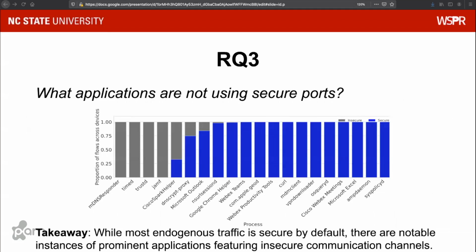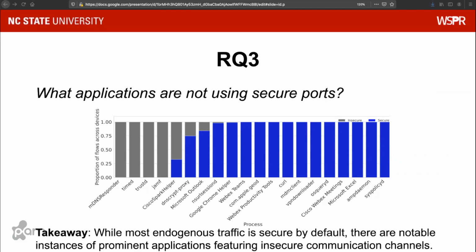Our next question we looked at was what applications are not using secure ports? So we generated a list of protocols that use secure communications like HTTPS, and then looked for each application and looked at which flows did and did not use those things on that list.